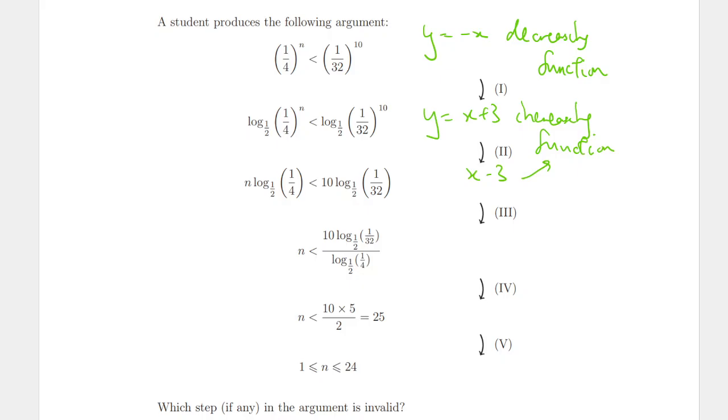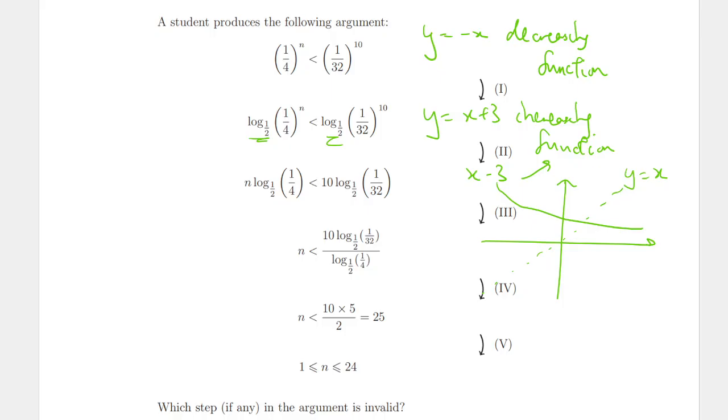Now today, you're applying log base a half. So is it a decreasing function? Well, let's check. If I draw the exponential, then a half to the power x looks like this. Now when I draw the log function, which is the inverse of the exponential, reflecting in the line y equals x, it looks something like this.